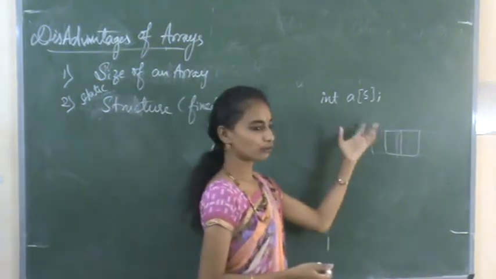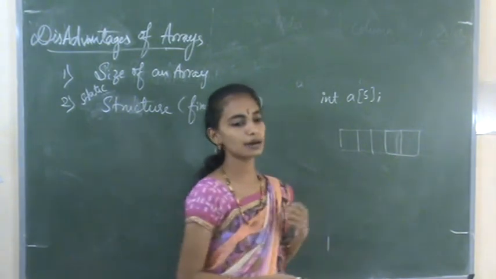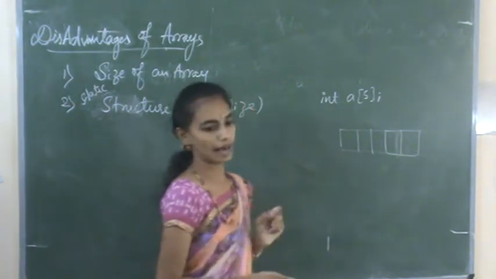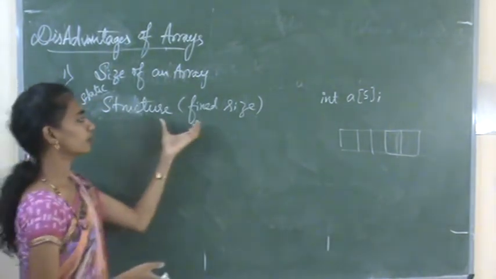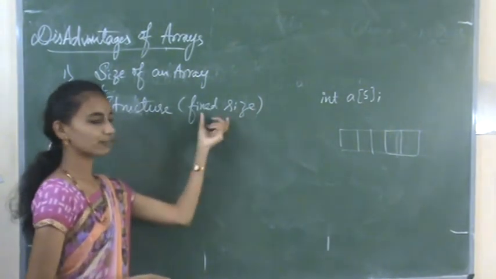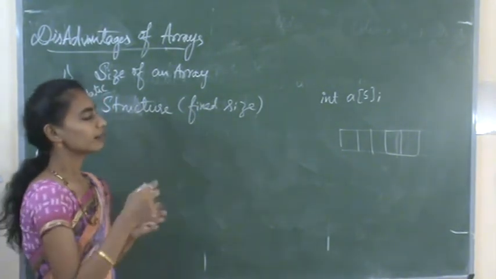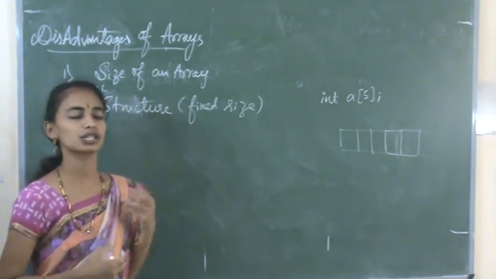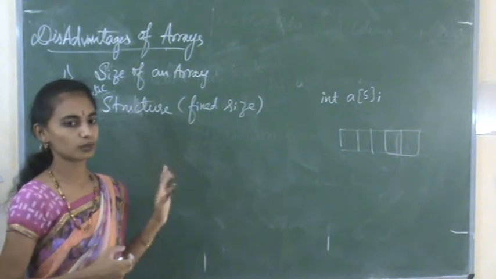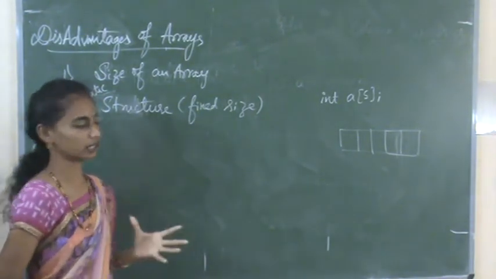If I declared 5 but want to insert only 4, I cannot decrease the memory allocation of that array. So that is the second disadvantage. If an array is of fixed size, we cannot increment or decrement the memory allocation for it.